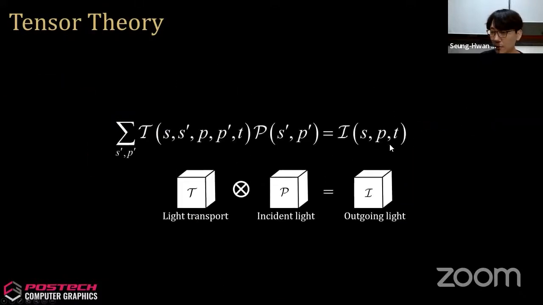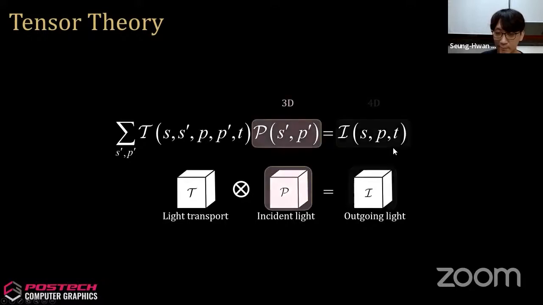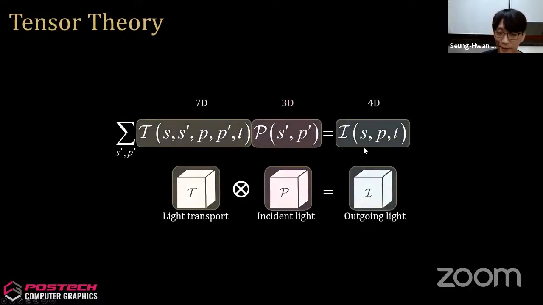And this tensor formulation is very high dimensional, different from the conventional vector matrix multiplication. In fact, the incident light has three dimensionalities. Outgoing light has 4 dimensionalities, and light transport, most importantly, is modeled as a 7D tensor, which is really high dimensional compared to the conventional light transport.